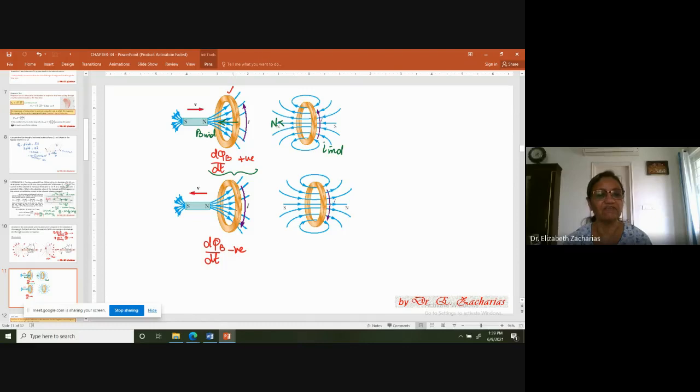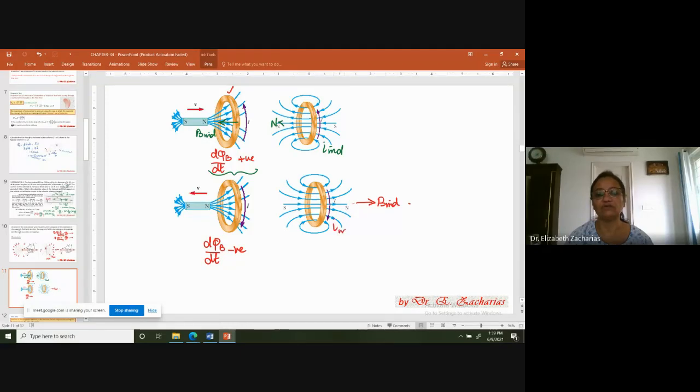There is a decrease in the flux through it that it doesn't like. So what it does this time is, it sets up a current in the opposite direction, so that the magnetic field it is setting up is in this direction. So look at the arrows here because of this induced current.